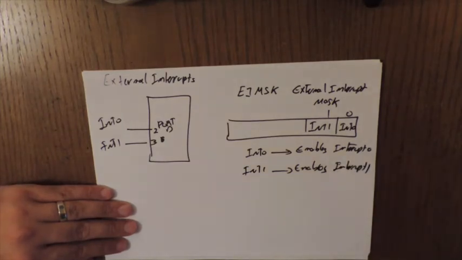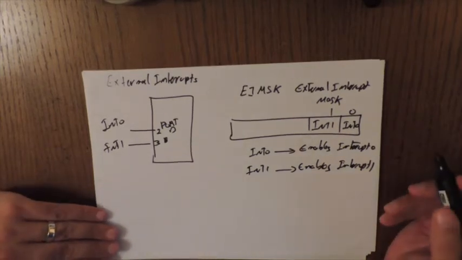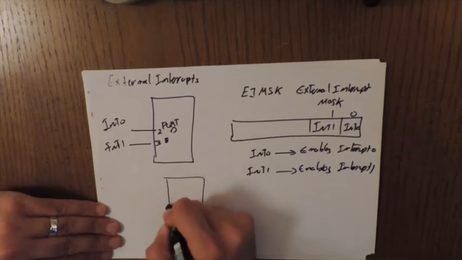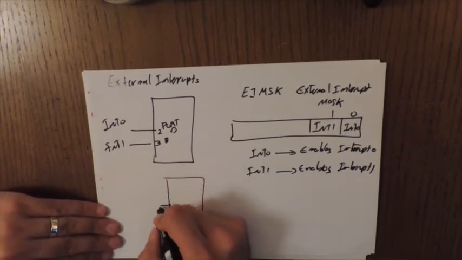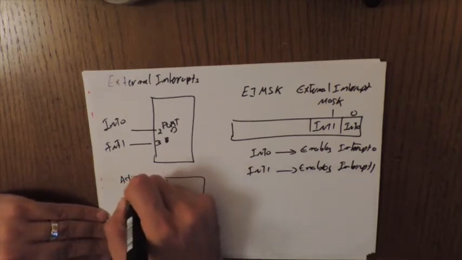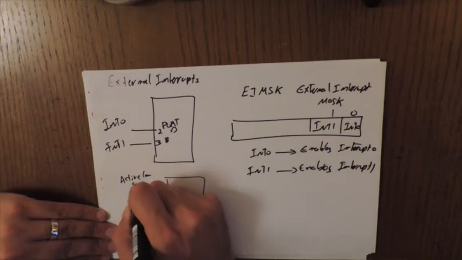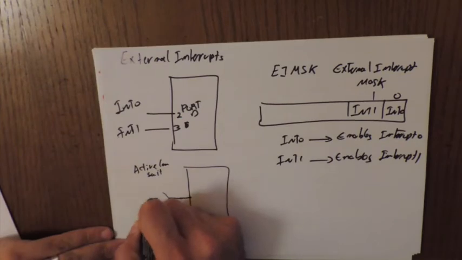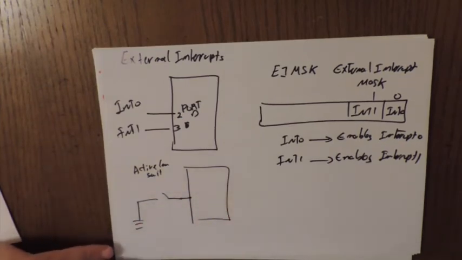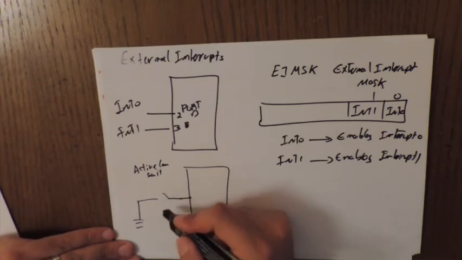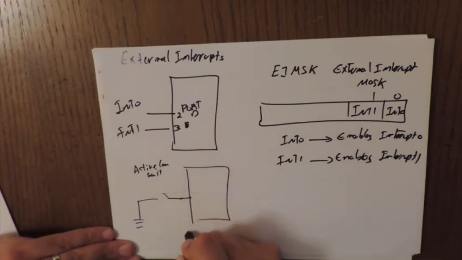Okay, we also have, as we said, those interrupt pins are usually useful for connecting switches to them. For example, if I have an active low switch, so I can do something like this, and I can have an active low switch whenever it goes down, or I can have also something like a push button, for example.